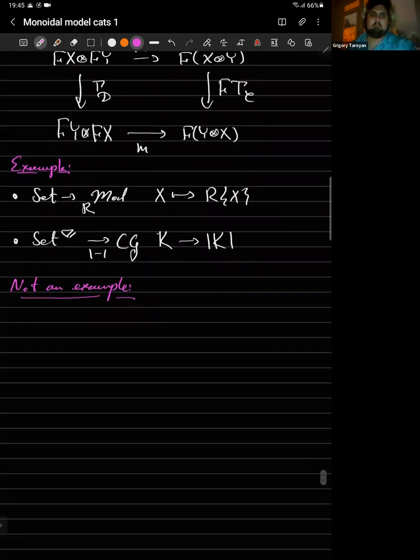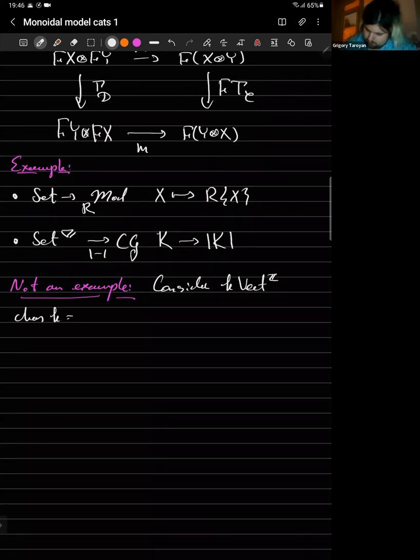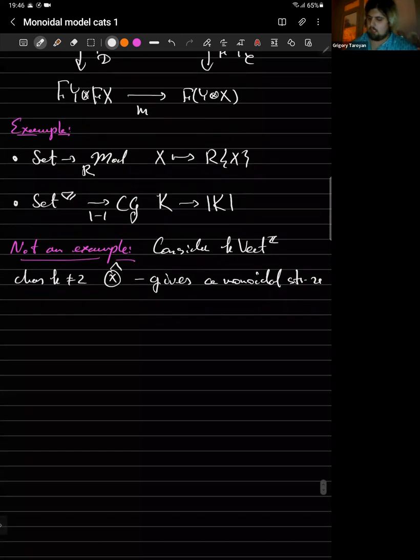So consider the graded vector spaces over a field K. The characteristic of K should not be equal to 2. And the graded tensor product gives a monoidal structure. And we can define this swap operation in two ways.